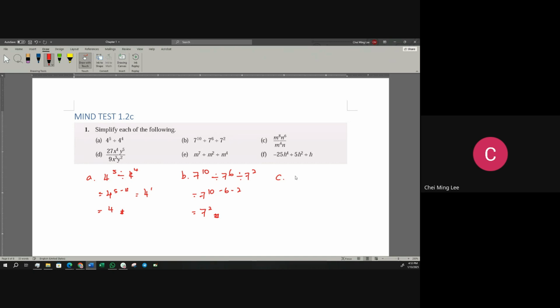C, now m to the power of 8, n to the power of 6 divided by m to the power of 4, n to the power of 1 here. So it becomes m to the power of 8 minus 4, n to the power of 6 minus 1, which is m to the power of 4, n to the power of 5.